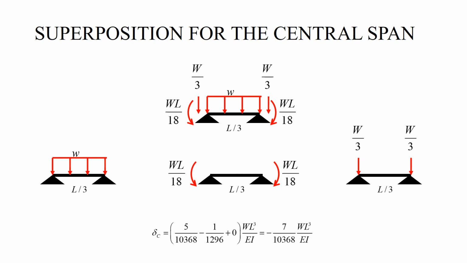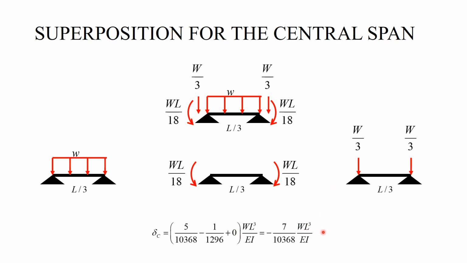Finally, I can put it all together. So here's my original center span, 3 cases, and now I put together delta C. The first term is from the distributed load. The second term is from the couples. The third 0 is from this case.